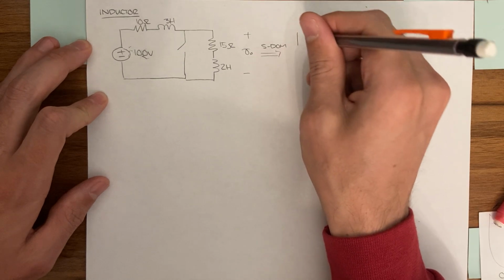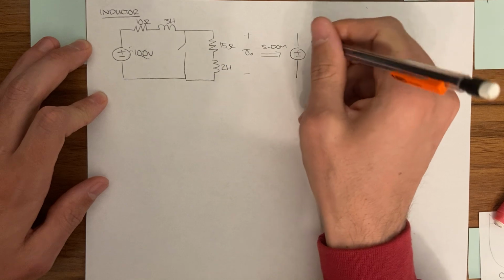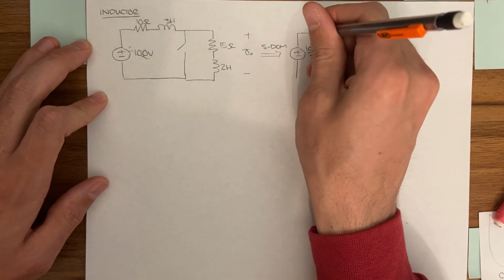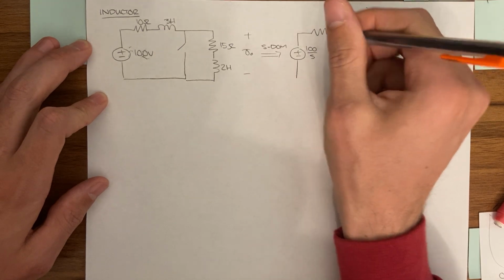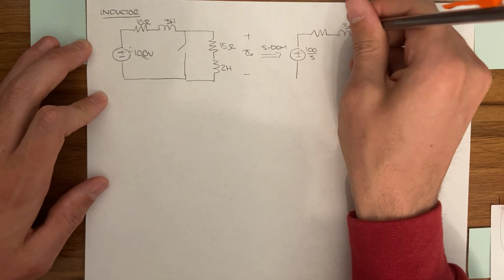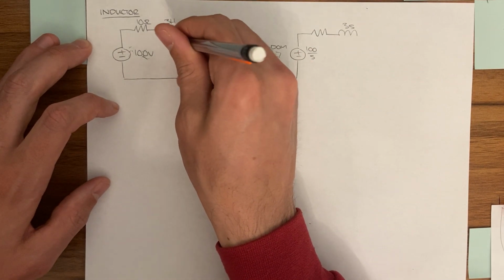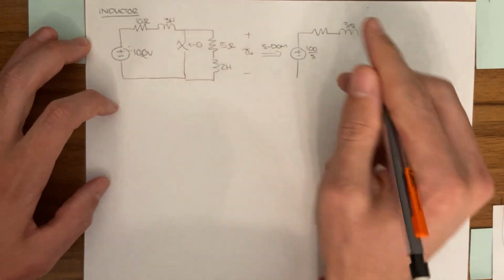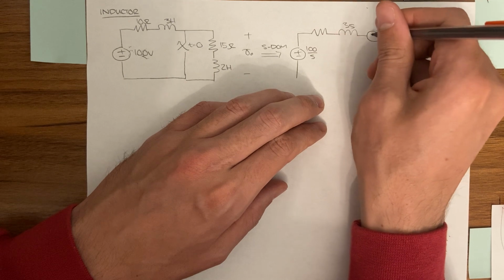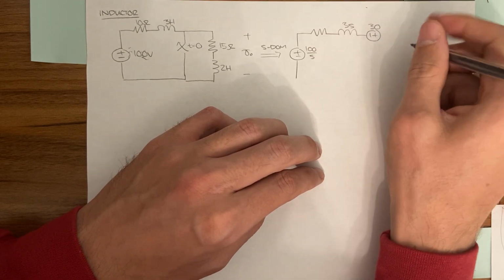So we've got 100 over S, and 3S for the inductor. We have a switch that's going to open at time t equals 0. Because we had an initial current flowing through that inductor, we need to include a source for that, which is going to be 30 volts.